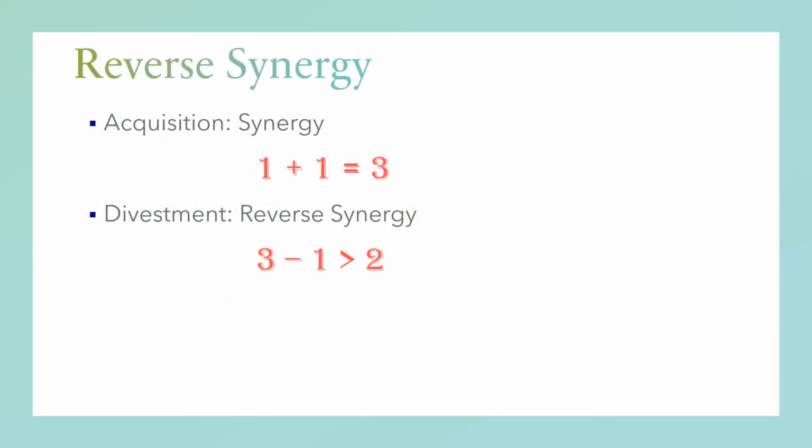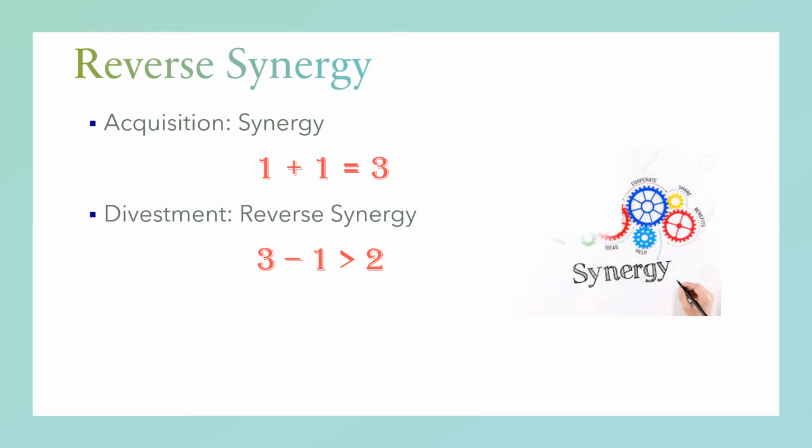One of the motives for acquisition is the managerial belief that the two businesses are worth more when combined than separate. The arithmetic of synergy from acquisitions means that 1 plus 1 is equal to 3. A form of reverse synergy is a major reason for divestment.